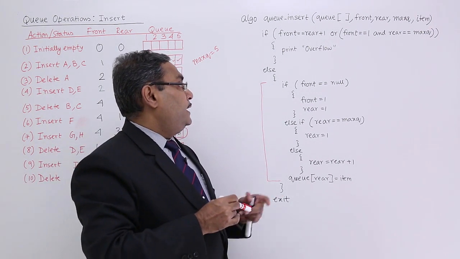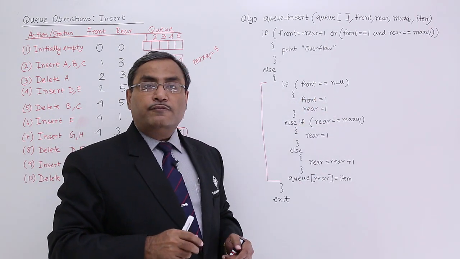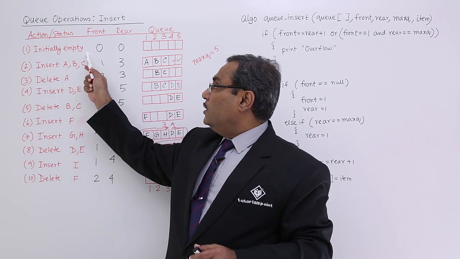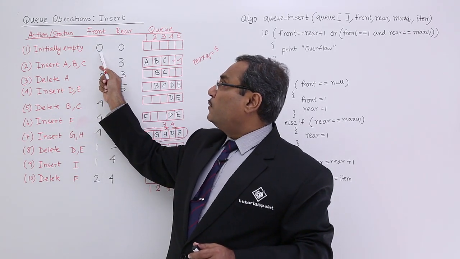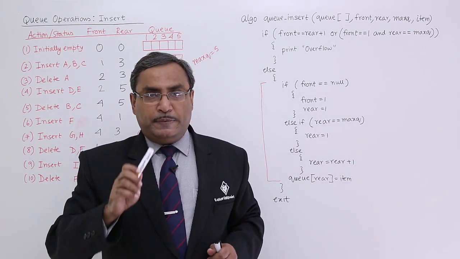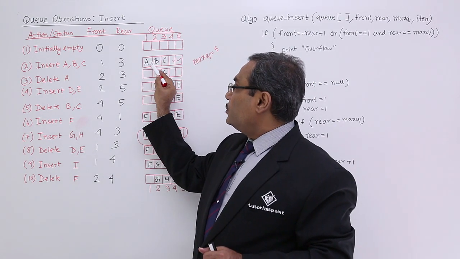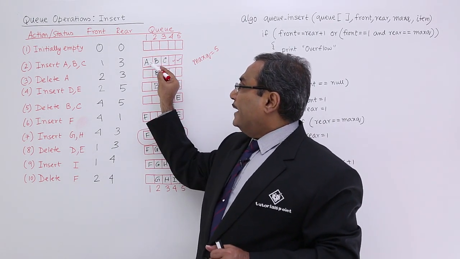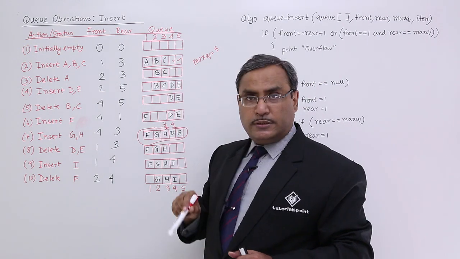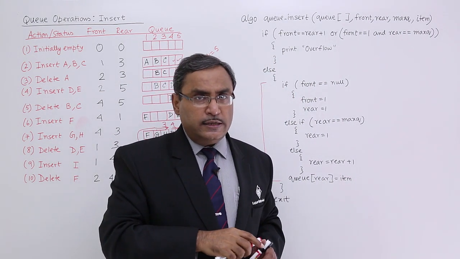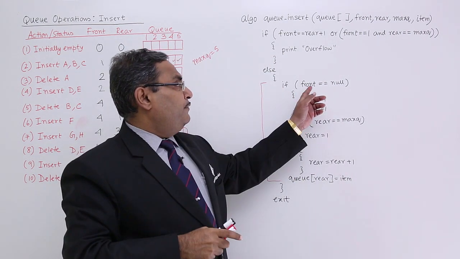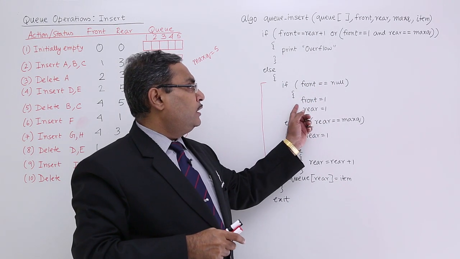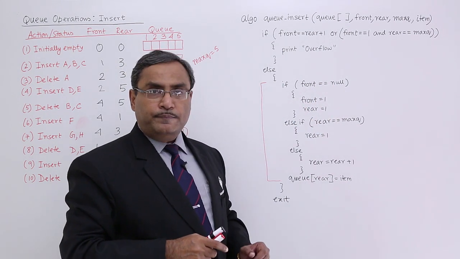Now, if front is equal to null, what does it mean? Front equal to null or 0 means the queue is empty. That means the first data has to be inserted at location number 1, and that will be the front and also the rear. We discussed this in the earlier video. So, if front is equal to null, then front is equal to 1 and rear is equal to 1.